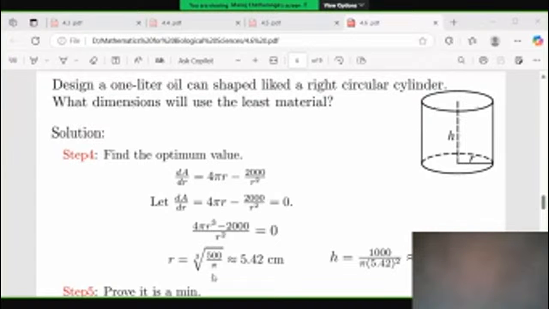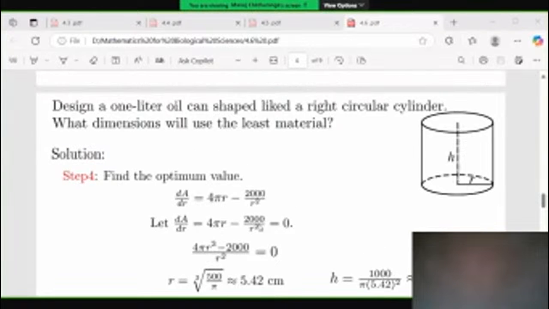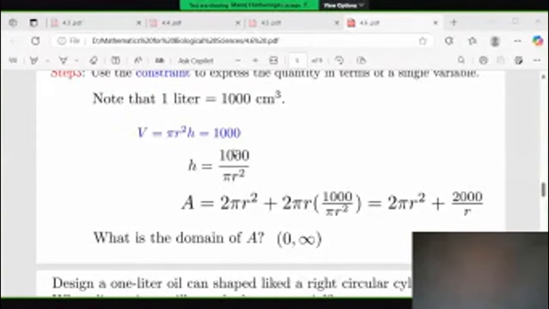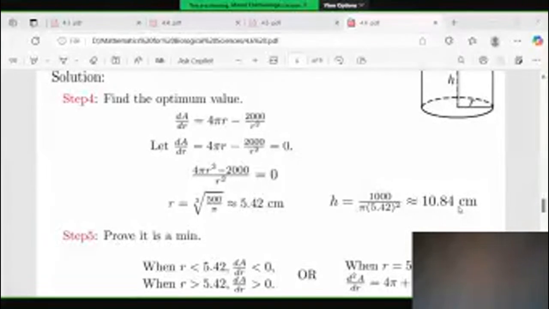Set the derivative equal to 0 and find zeros of the derivative. The exact value is the cubic root of 500 divided by pi. Using a calculator, you can approximate this value. It is roughly 5.42 centimeters. You can go back and substitute it for height h. Height h is roughly 10.84 centimeters.